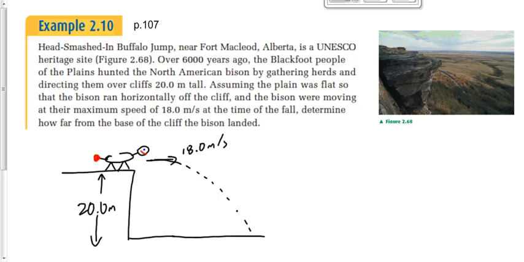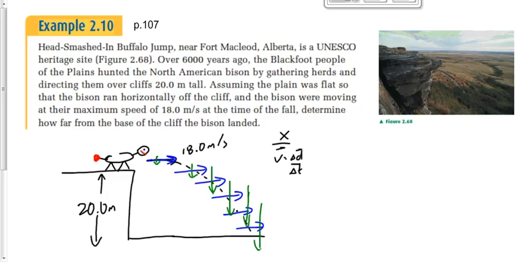We're going to describe the x component by using the equation v equals d over t. How come? Because every single time horizontally, the velocity of this bison doesn't change. Horizontally, the velocity remains exactly the same. Vertically, the velocity gets bigger, but horizontally it doesn't.